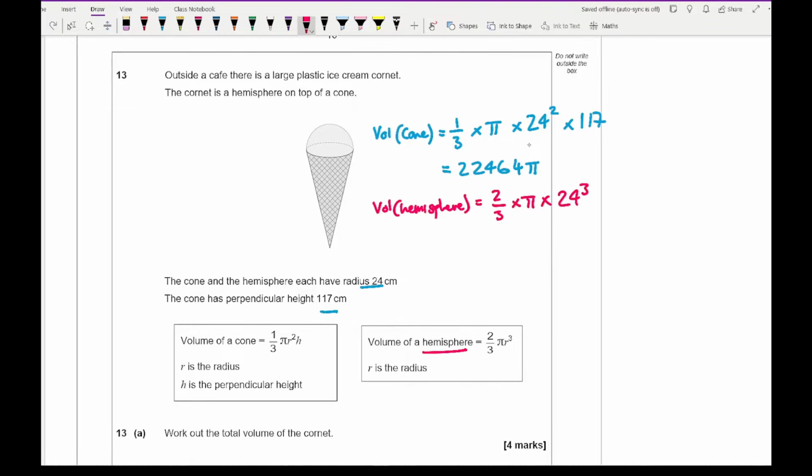So I just type that into my calculator and I get an answer of 9216 pi.